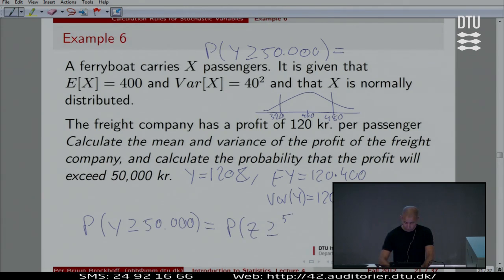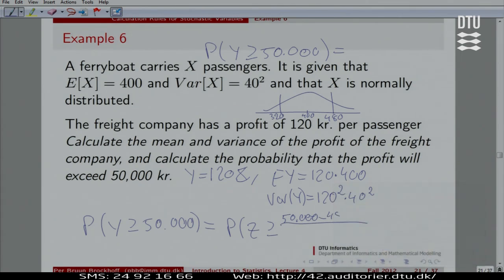It would be 50,000 minus this number. I think I can calculate that in my head, actually. That would be 48,000 if I do this one. On average, the profit is 48,000. And I think I can calculate also the square root of the variance. That would then be 4,800, actually.